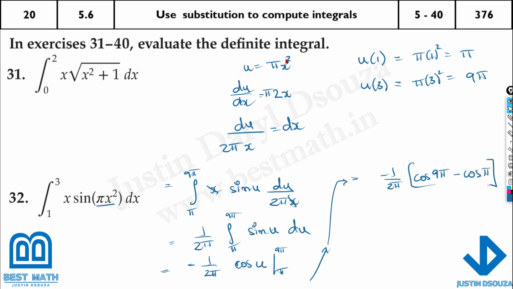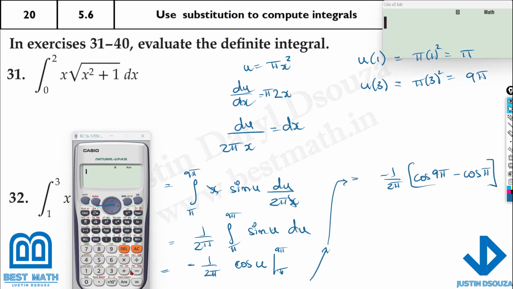We can just put this in the calculator and find the answer. I'm not going to leave it in radical form or anything. Whatever the answer is, you can just write it, because all the steps are done: step 1, step 2, step 3, and now we apply the limit, which is the last step.